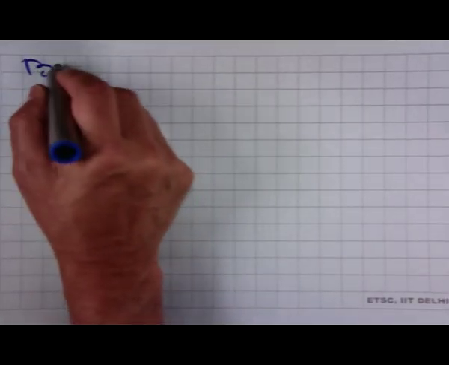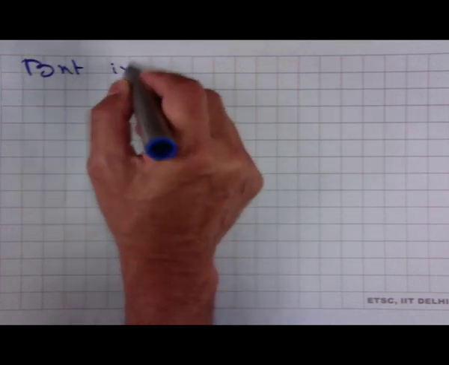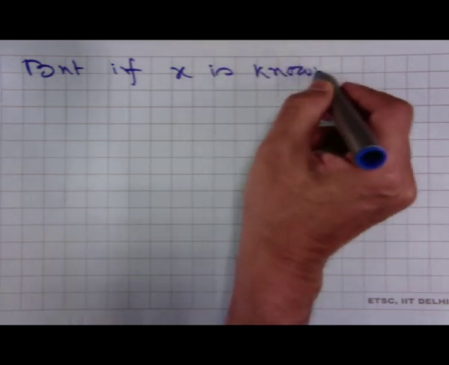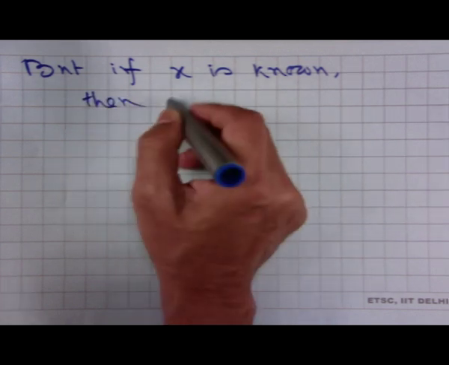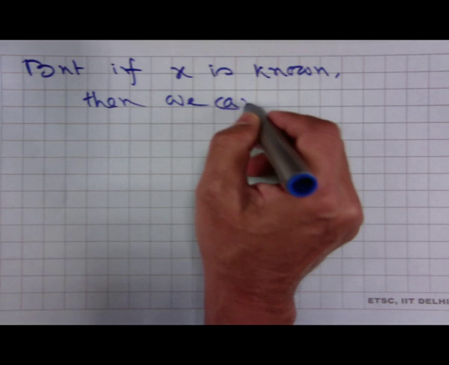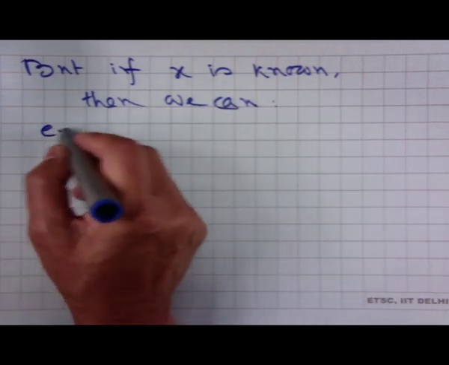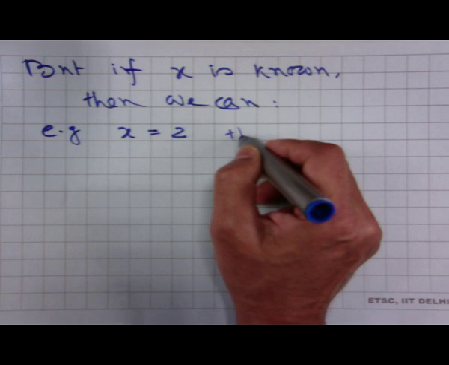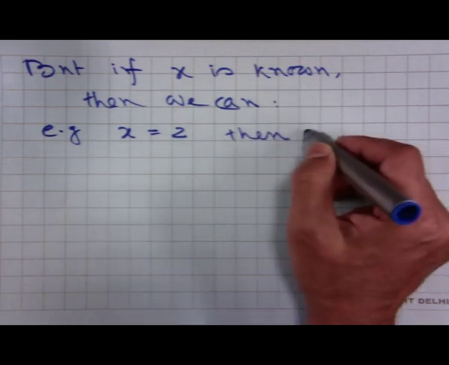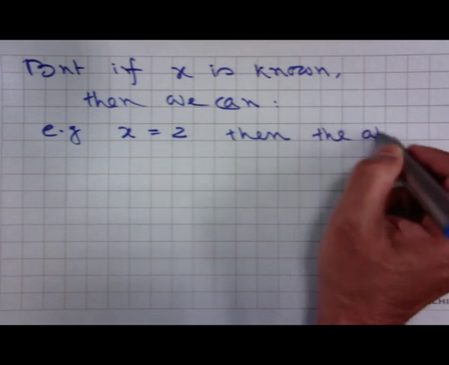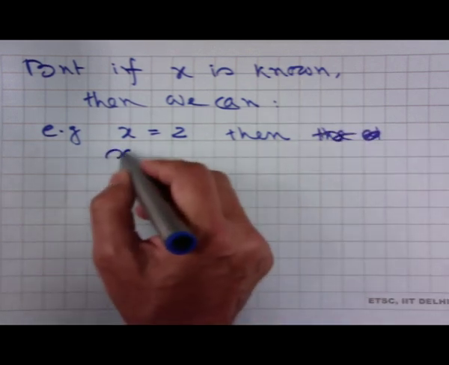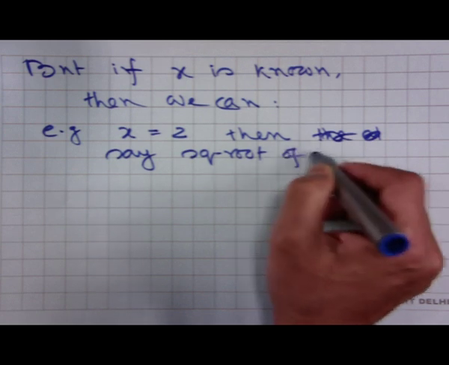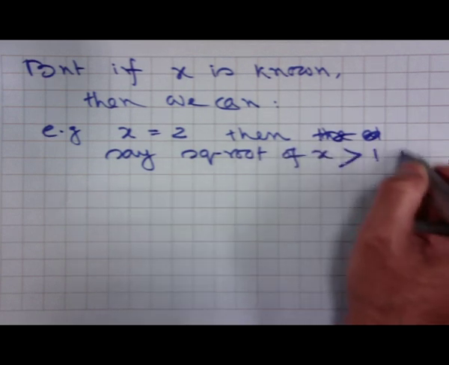But if x is known, then we can. Example, if x is equal to 2, then square root of x greater than 1 is true.